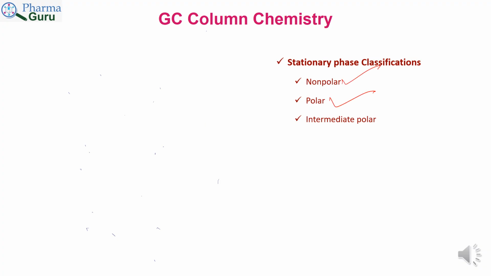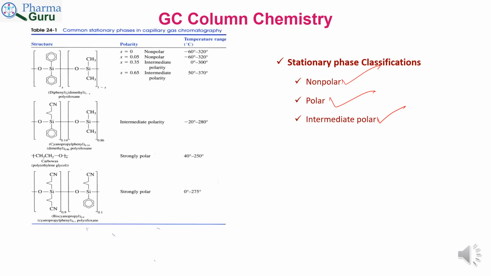GC column chemistry. There are three types of stationary phase. One is non-polar stationary phase, second is a polar stationary phase, third is intermediate polar stationary phase. Now question comes, what is the non-polar stationary phase?